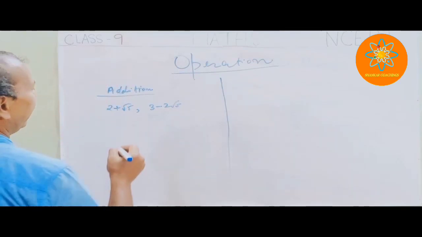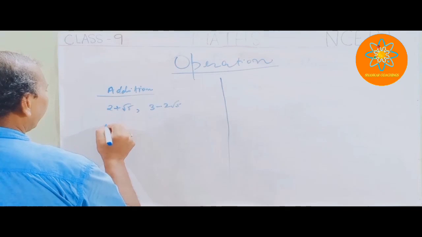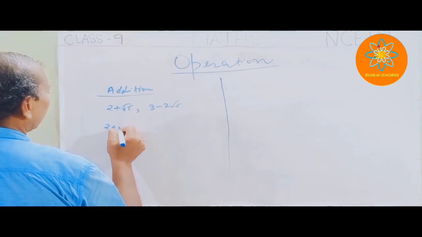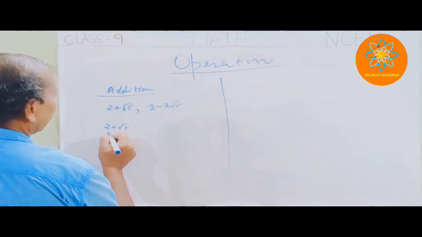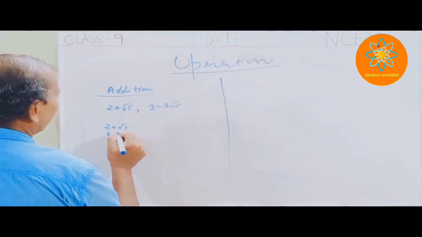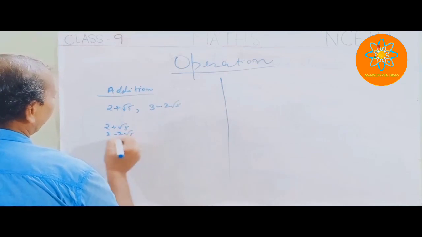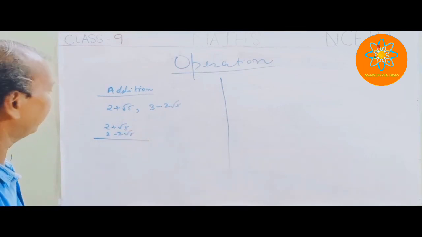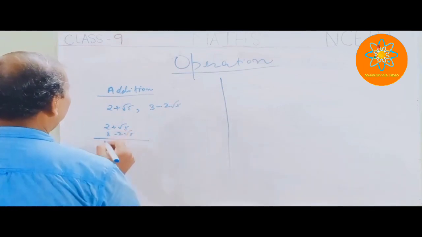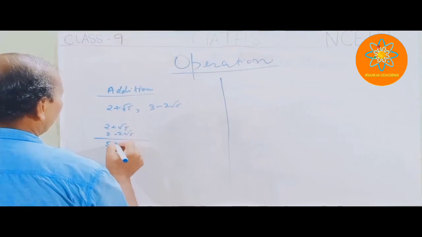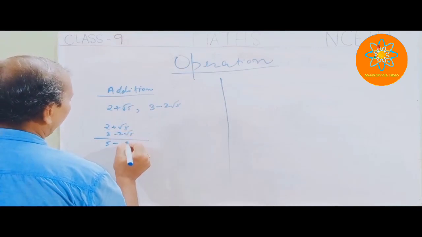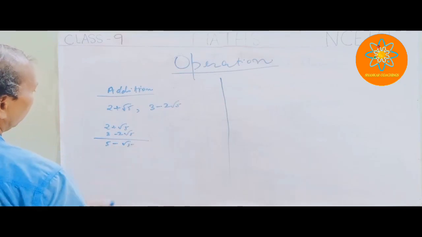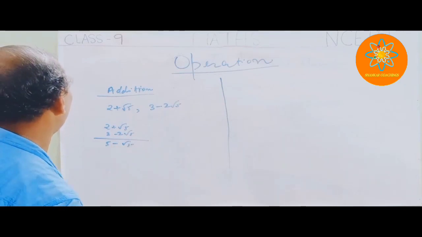So how will I add it? First of all I will write 2 plus root 5, then here 3 minus 2 root 5. Now I have to add. So adding 3 plus 2 is equal to 5, and here it is how much? Minus root 5. So it is 5 minus root 5 for addition.